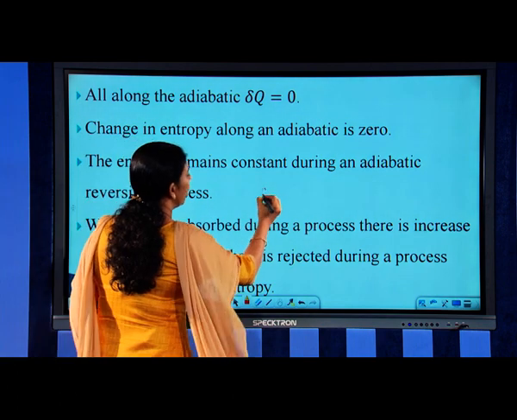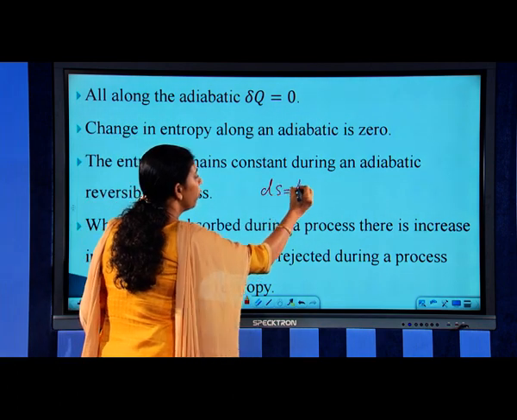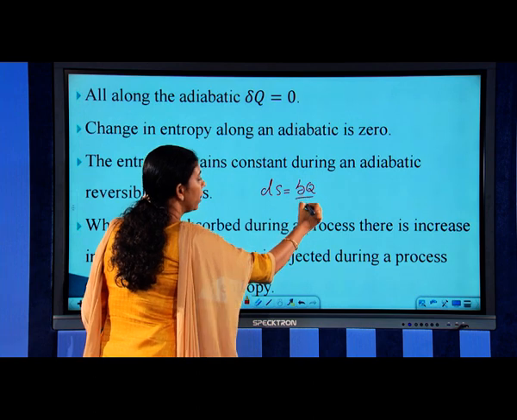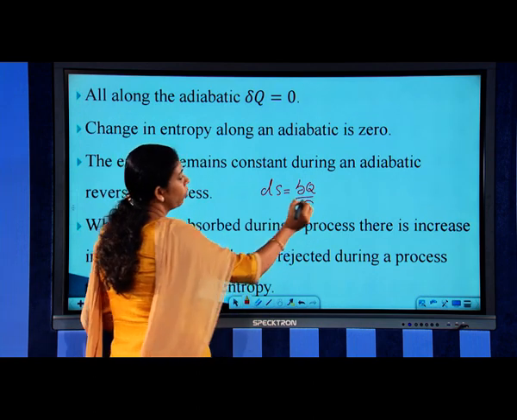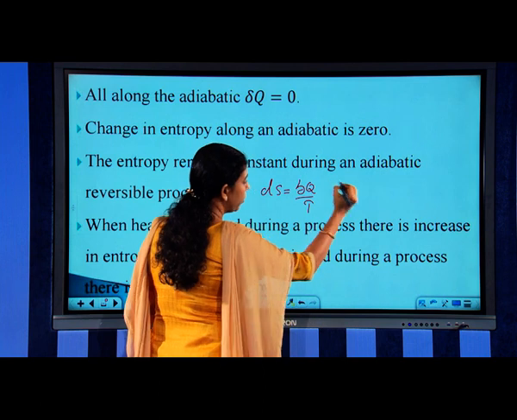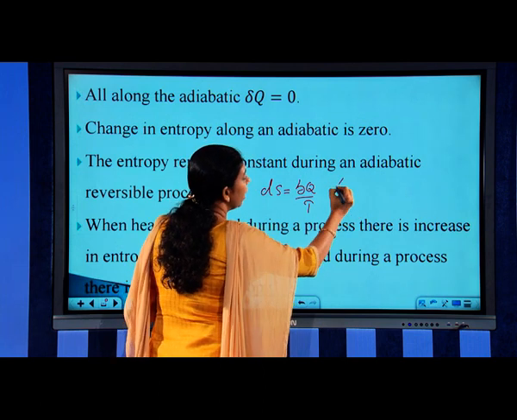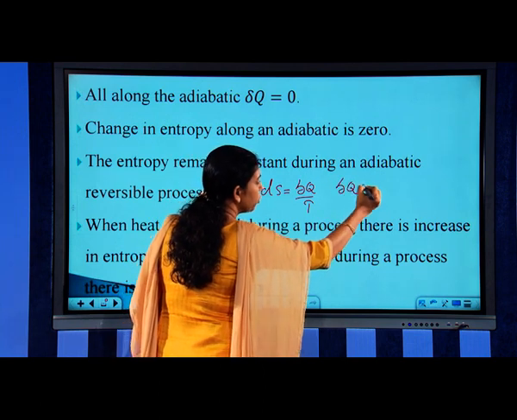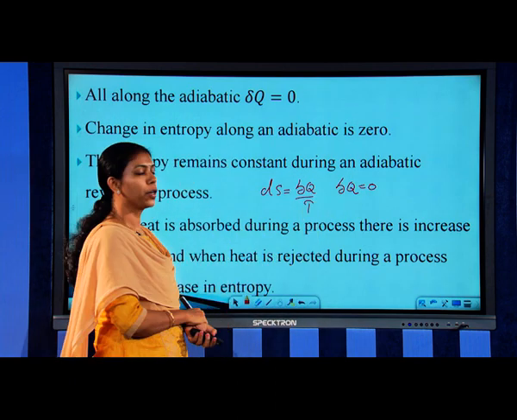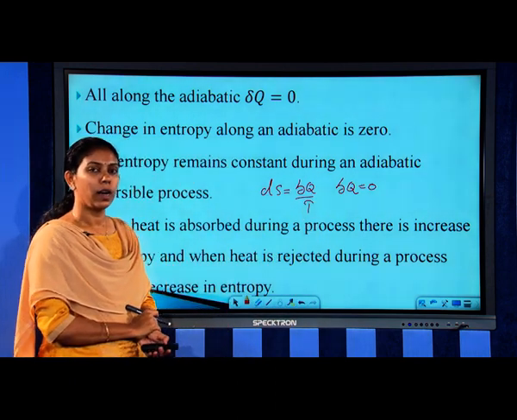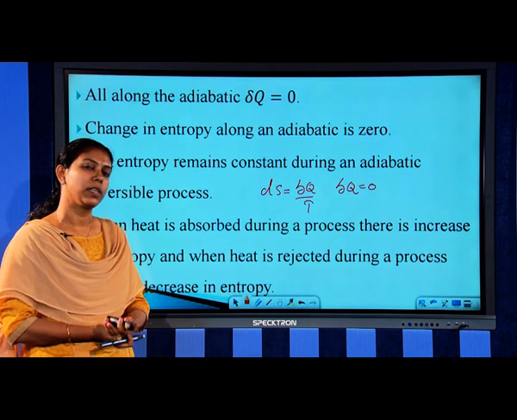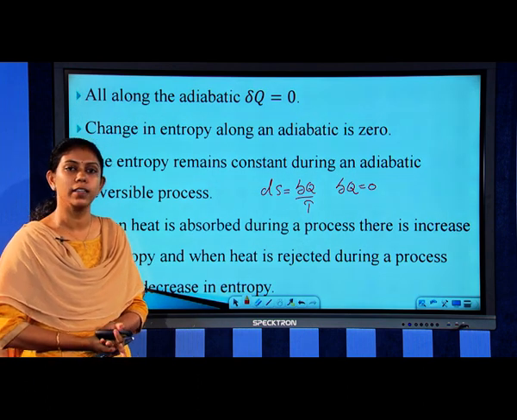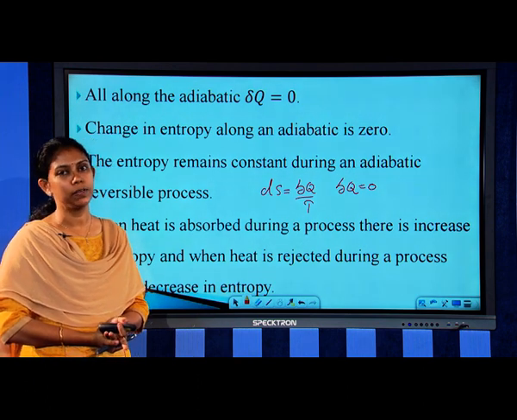From the equation dS is equal to delta Q by T, it is clear that when an adiabatic process occurs, delta Q is equal to 0. Delta Q equal to 0 means during an adiabatic process, neither does heat enter the system nor does heat leave the system.